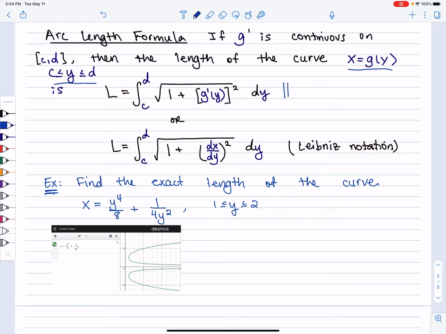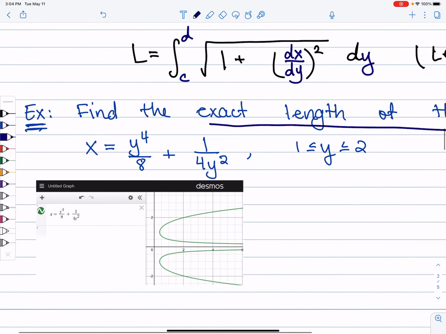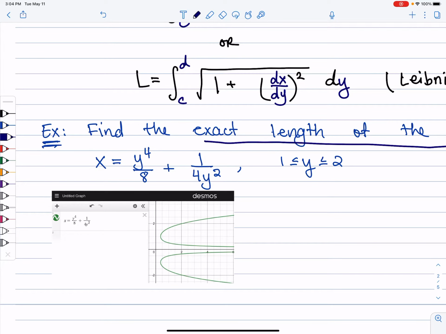So for this example, we want to find the exact length of the curve, x equal to what you see there, for y values between 1 and 2 inclusive. The first thing to notice is that we have the graph here, and we're only looking at the graph for y values between 1 and 2.